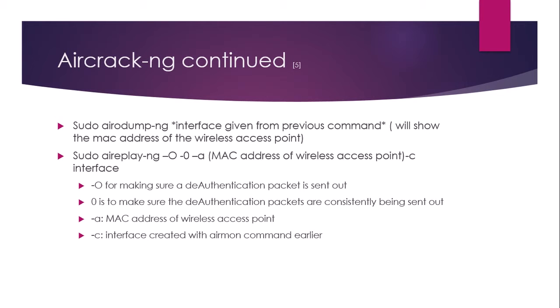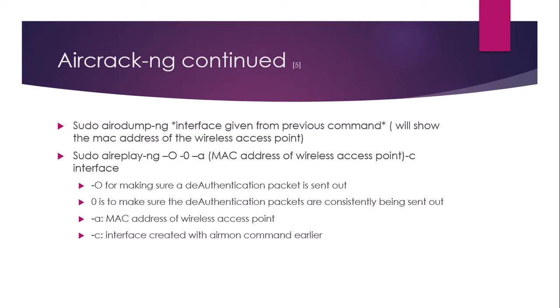Next command is sudo airodump-ng. This takes the interface from the previous command that was newly created, and this will then bring back the hidden MAC address of the wireless access point of the wireless network. And the final command is sudo aireplay-ng -0 -a followed by the MAC address of the wireless access point, -c followed by the interface from the previous two commands.